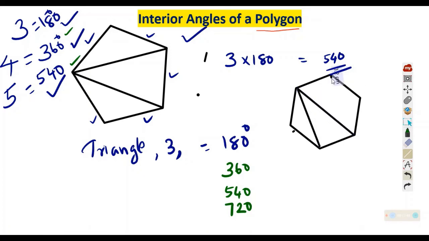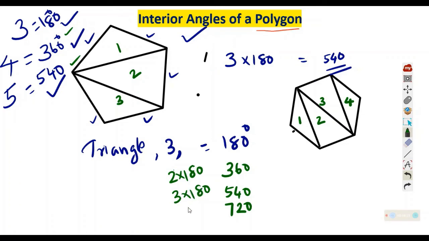Okay. Here is another triangle. That means 1, 2, 3, 4. Here it was 1, 2, 3. Correct. That means here it was 2 into 180, here it is 3 into 180, here it is 4 into 180.